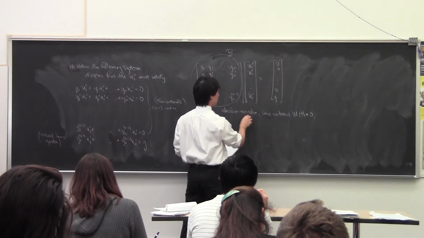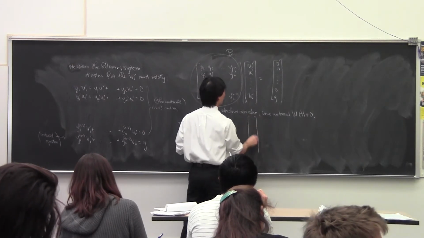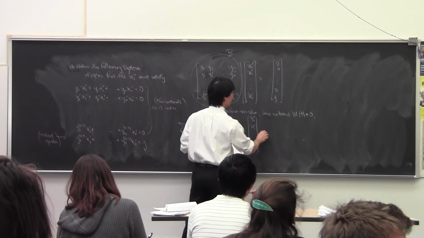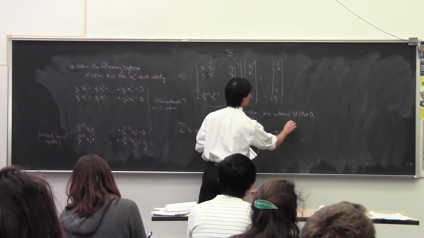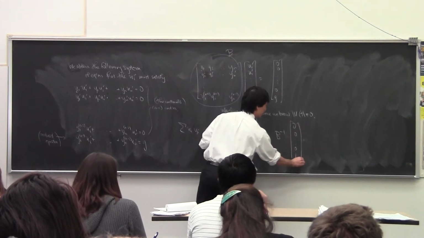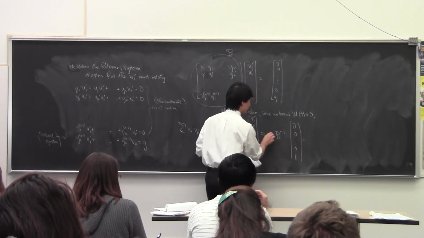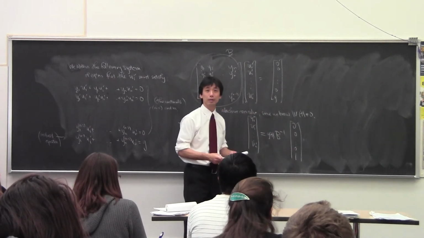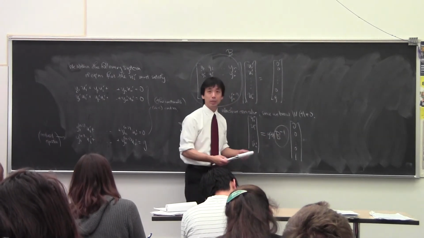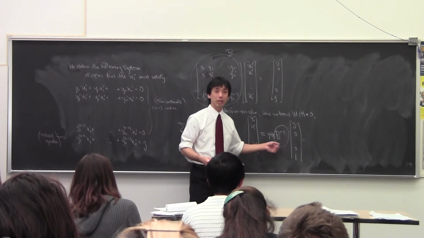We'll hit both sides with B inverse and end up with u1 prime, u2 prime, down to un prime equals B inverse times 0, 0, 0, 1 times the scalar g. So the problem will be, what is this B inverse?